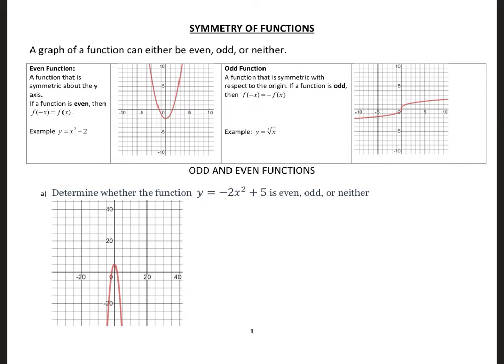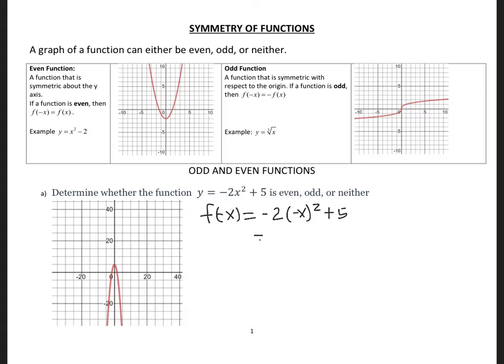So here we have an example we are going to do. We are told to determine whether it's an even function. So we have a clue here. If I look at it graphically, I can see it's an even function, but I also need to show it algebraically. The way I'm going to do that is f of negative x, plug in negative x, and this will give me negative 2 times negative x squared plus 5.